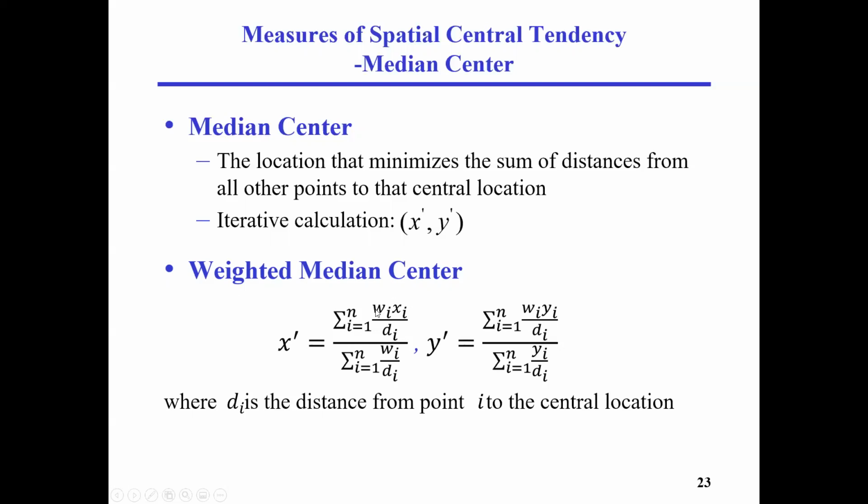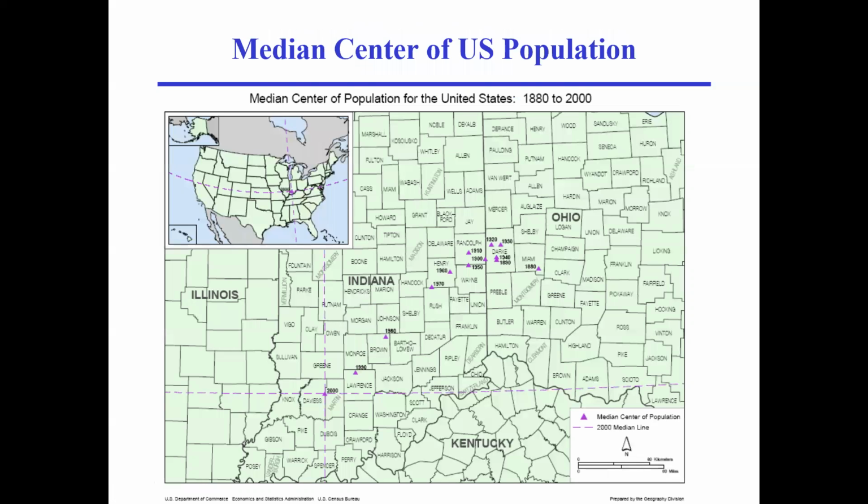So WI is the weight for a specific location I. Here, there is a new parameter called DI, which is the distance from point I to the central location. Okay. So here, applying the idea of median center, you can still find multiple median centers of population for United States from 1880 to 2000.